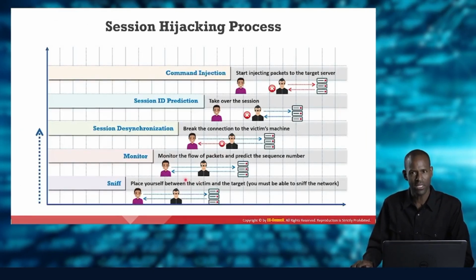What's the process of session hijacking? The attacker is going to place themselves between the victim and the target, sniffing that network, monitoring the flow of packets and TCP segments, and predicting how those sequence numbers work, and then desynchronization occurs.